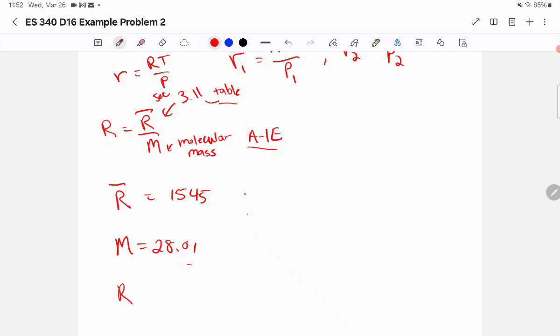The units of R bar are actually foot times pound force per pound mole times degree R. And the units of capital M, going to the tables, are pound per pound mole.